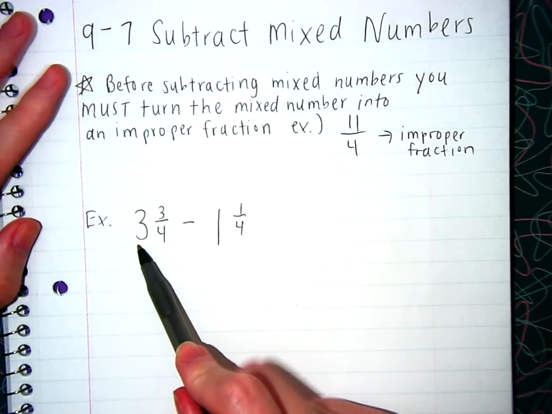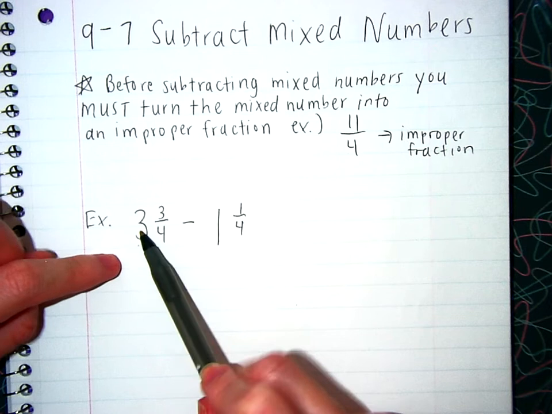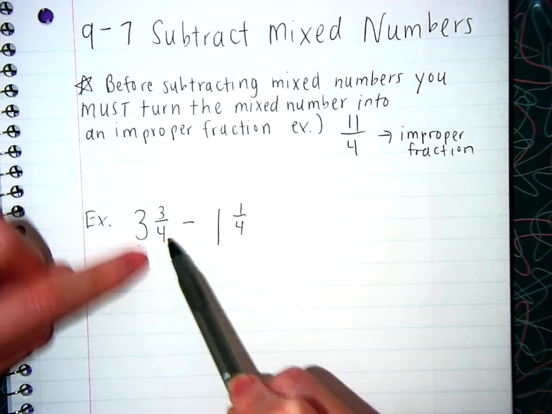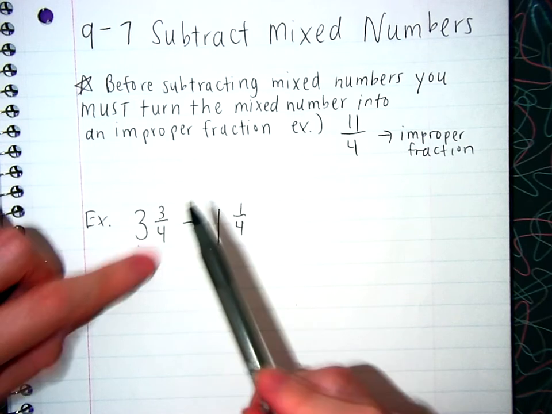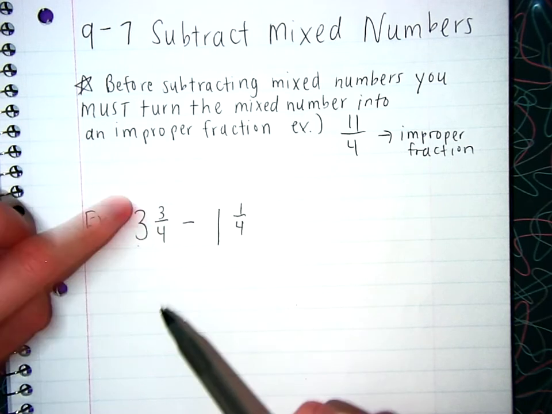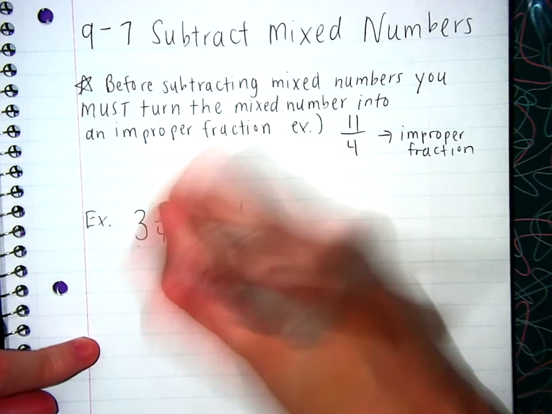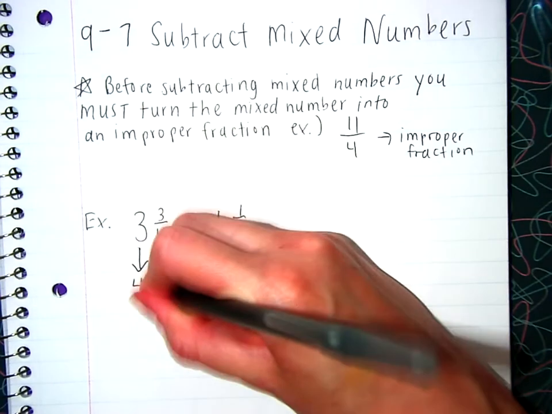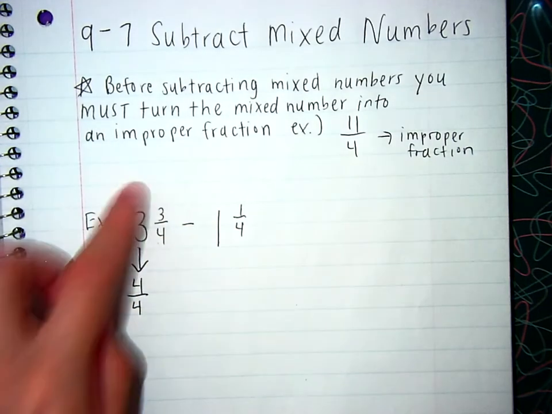So the way we do it is by looking at the whole number first. Remember, when you're looking at the whole number, you know that the 4 of the denominator in the fraction part is telling you what the whole number came from. So there's 3 of these, so you will break it down and you know that the 3 came from 4/4 because 4/4 is equal to 1 whole.